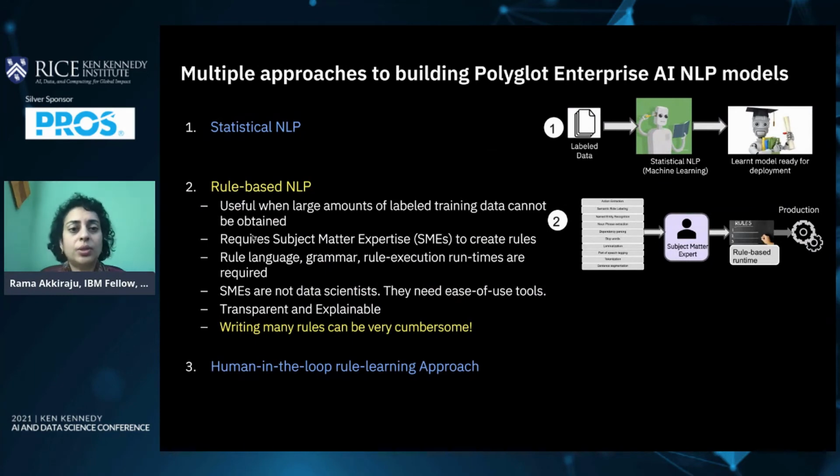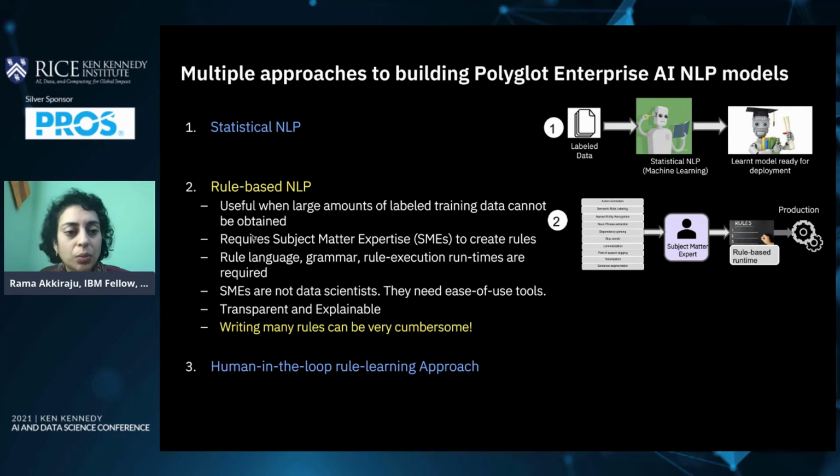What's wrong with rule-based NLP? There is nothing wrong as such. Again, in certain domains, it's very useful. It's very useful specifically when you cannot get large amounts of labeled data, and subject matter experts can write those rules, and it's much simpler for you to just capture a rule that way instead of trying to ask for lots of data to learn that rule.